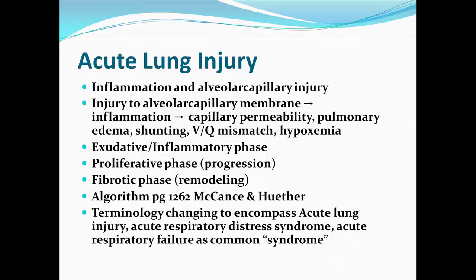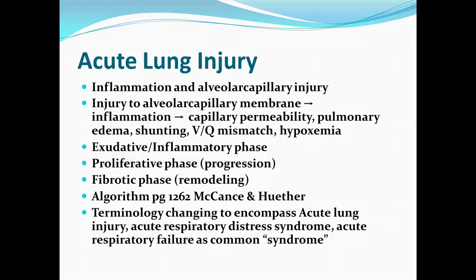So what happens then in this exudative inflammatory stage is you have leakage of these inflammatory products, the activated complement and the platelets, into the interstitium. Because this is leaking into the interstitium, that then causes atelectasis. The atelectasis then is going to decrease compliance.